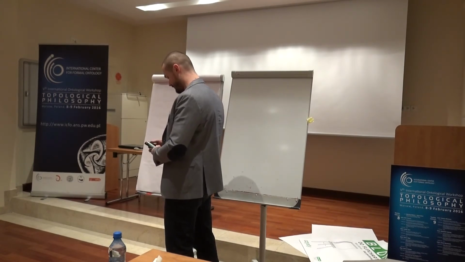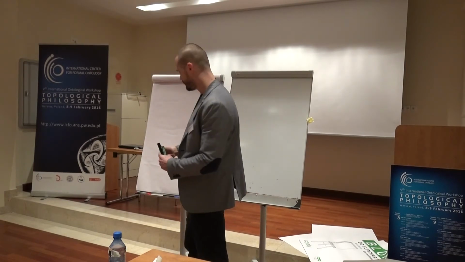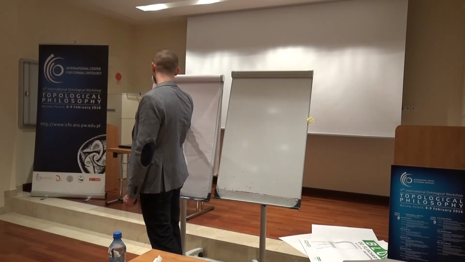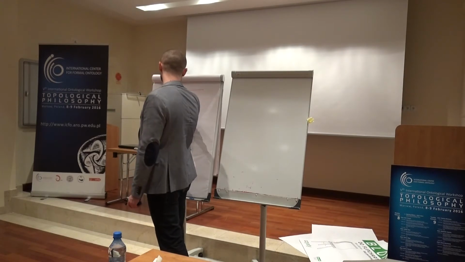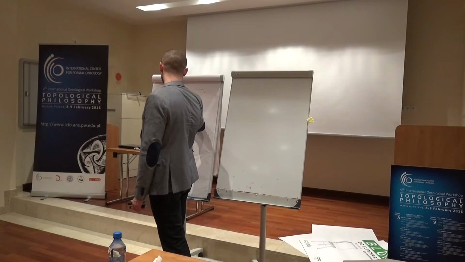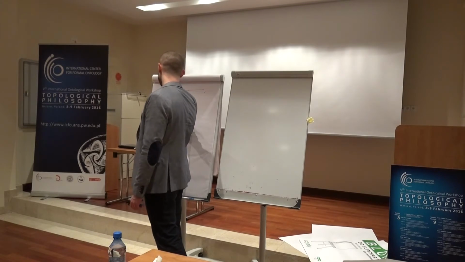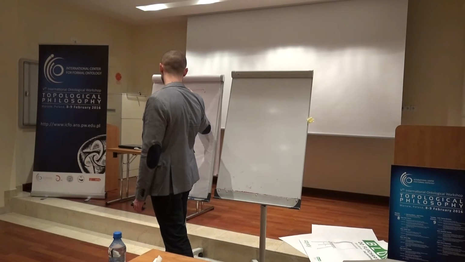And now just a final example of a so-called Cantor set. So how do we create the Cantor set? We take a line, let's say 0, 1. And we divide it into three parts, and then we remove this part.